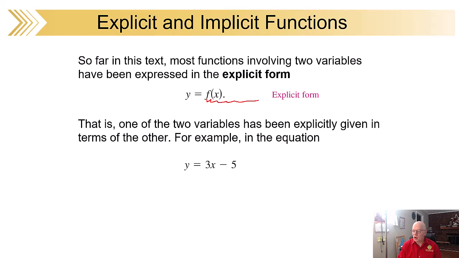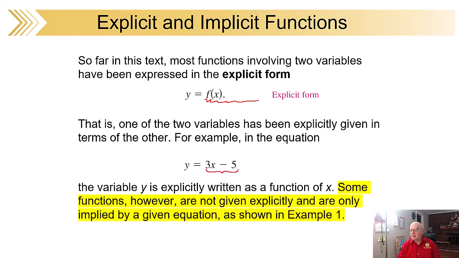Here's a real quick example. Y is a function of x. These are all constants and x's. Since it's written explicitly as a function of x, we can differentiate it without any trouble. But not all of them are nice like that.